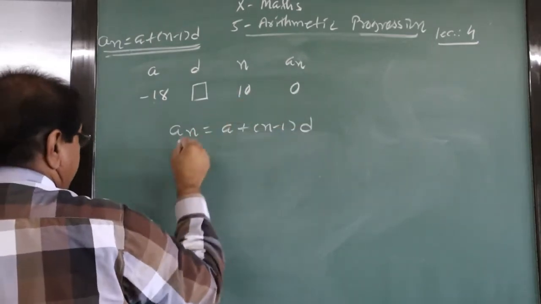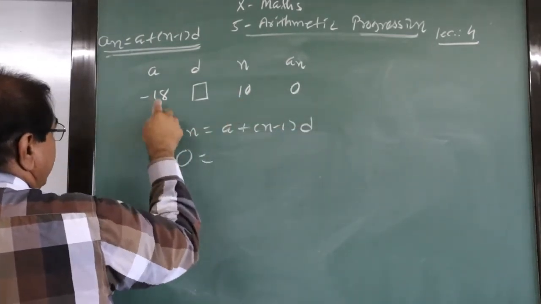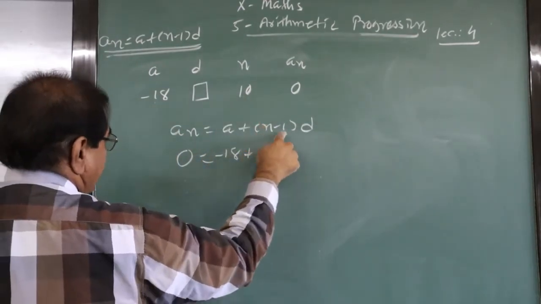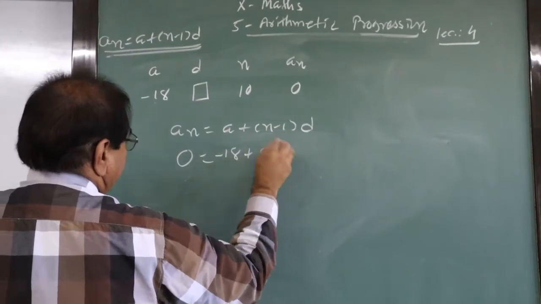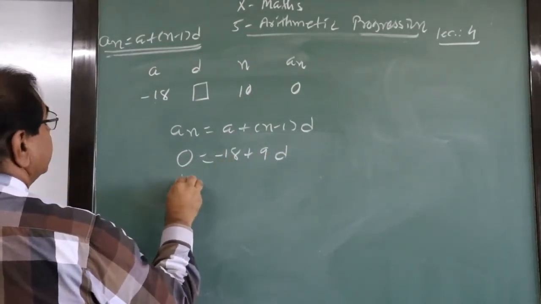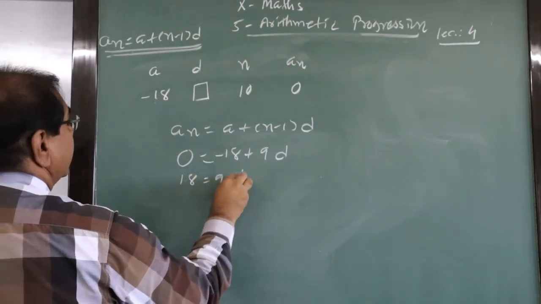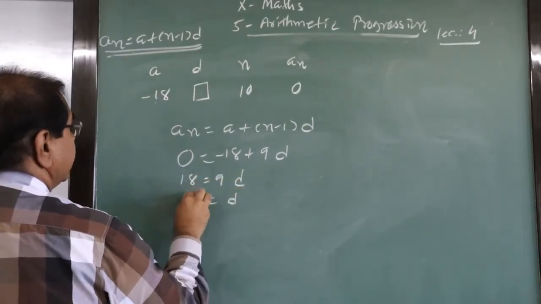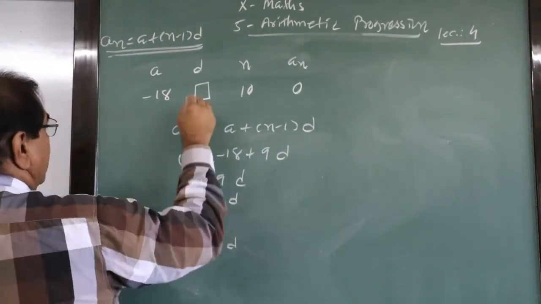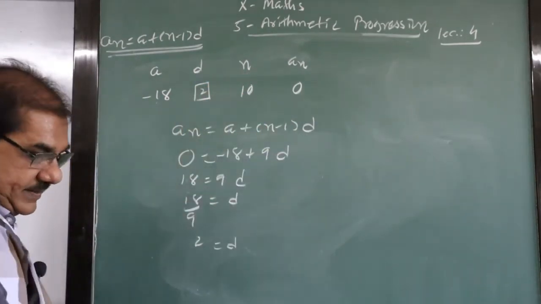What is an? 0. What is a? Minus 18 plus n is 10, 10 minus 1, 9 into d. Okay? Minus 18 changes the side, becomes plus 18 is equal to 9d. So d is equal to 18 upon 9. So d is equal to 2. So common difference is 2. Okay?